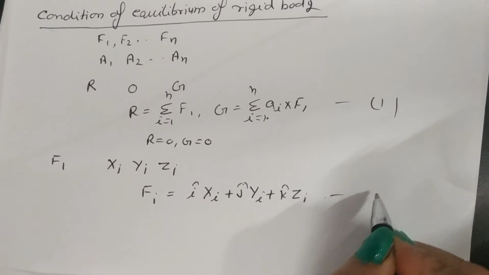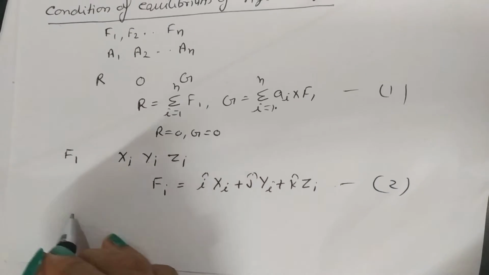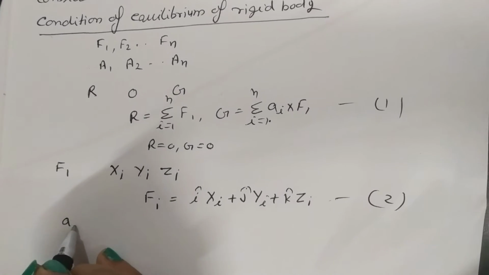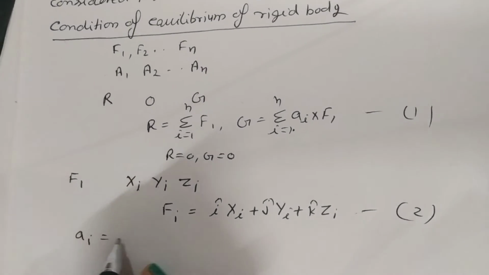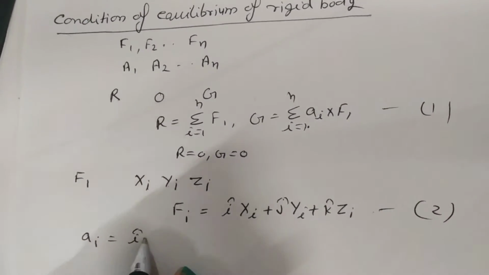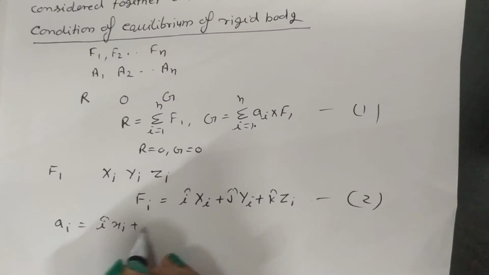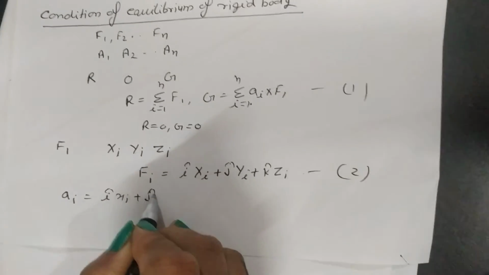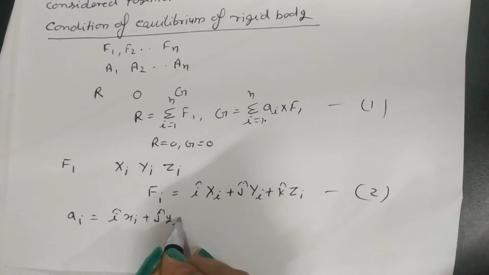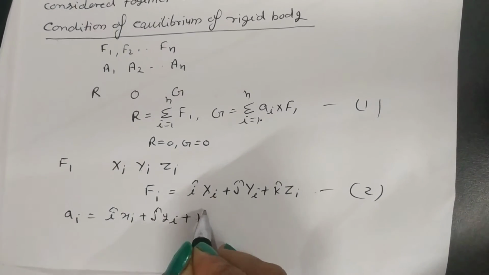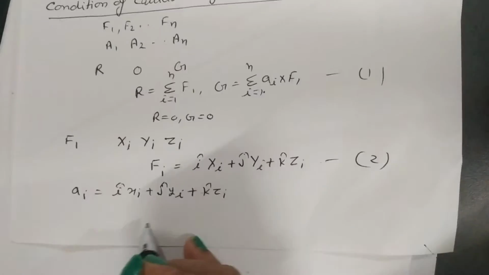Let us suppose that this is equation number 2, and let the vector Ai be defined as i xi plus j yi plus k zi.